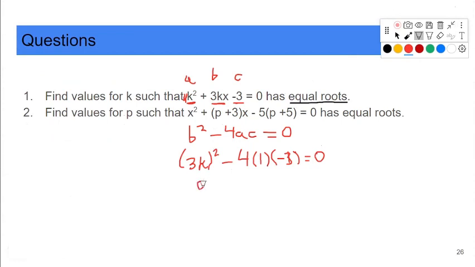So then we get 9k squared plus 12, because we have negative 4 times 1 times negative 3. So that gives us positive 12.